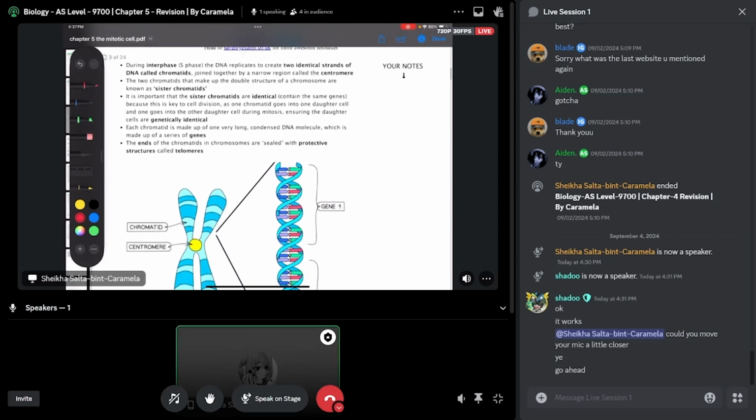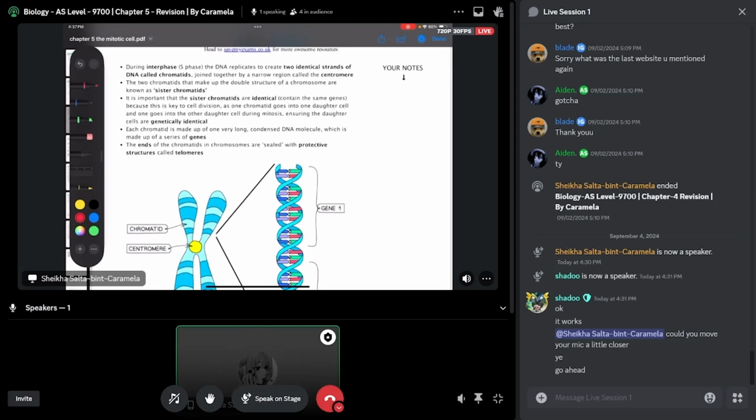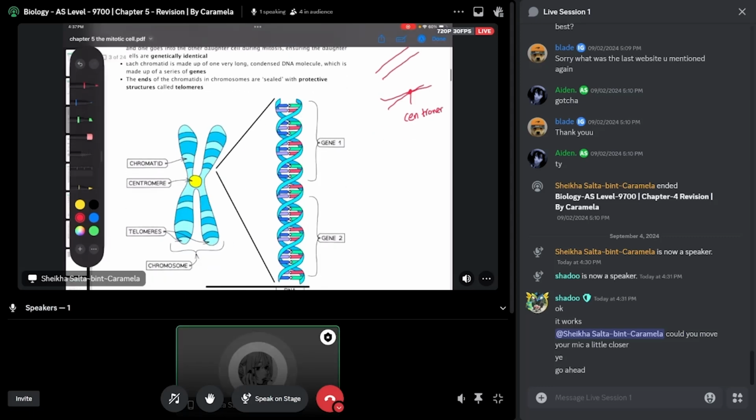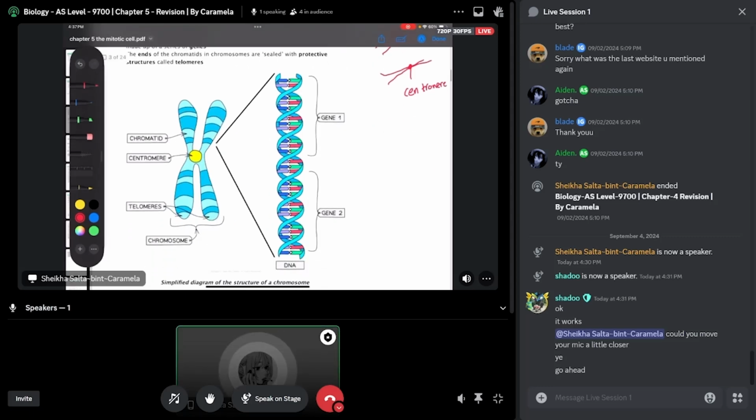Now the DNA replicates in the S phase of the cell cycle to create 2 identical strands, and these are called chromatids. These 2 identical strands are joined in the center like this, and this is your centromere. The centromere is joined in the center and doesn't contain any genetic material, there are no genes present, and even the ends of these chromatids have nothing present.